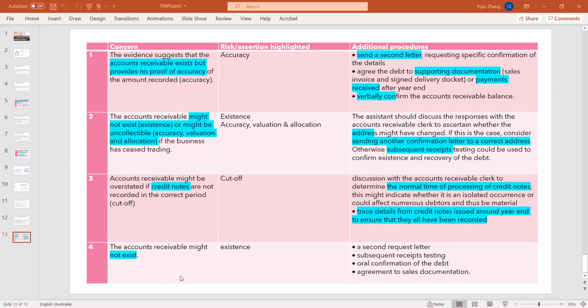Number 4, receivables might not exist, right? So that is about the existence of receivables. So actually, the additional procedures mentioned above will all be relevant. For example, the second request letter, subsequent receipts test, or confirmation of the debts, and also agreeing to the sales documentation.